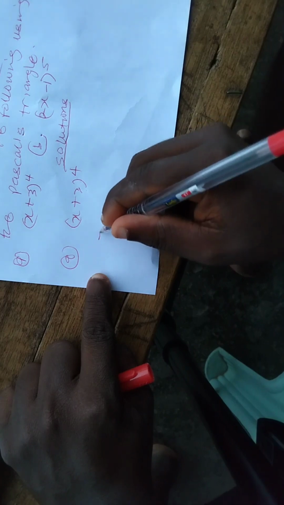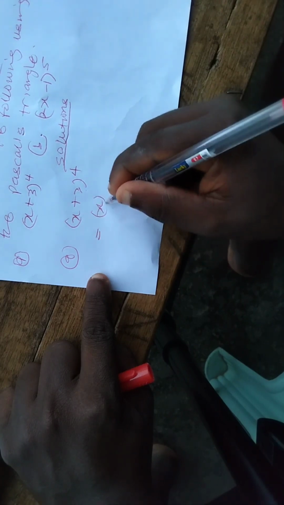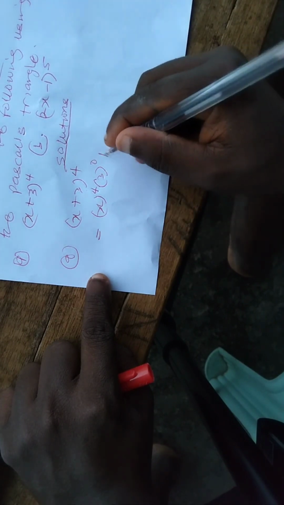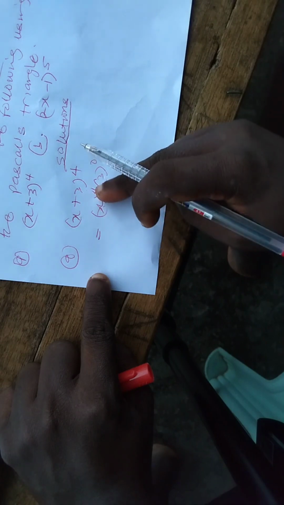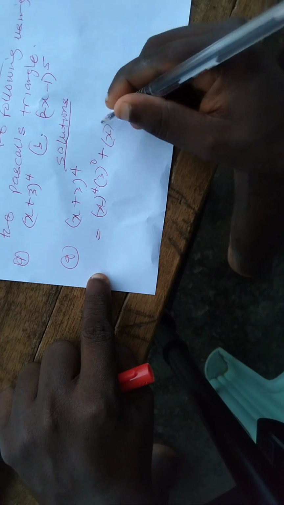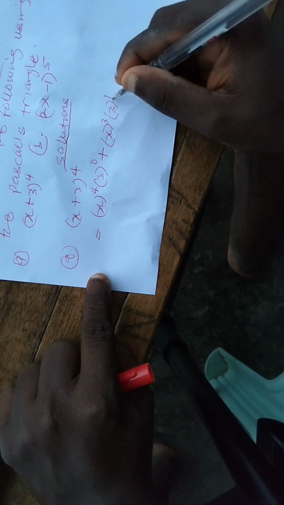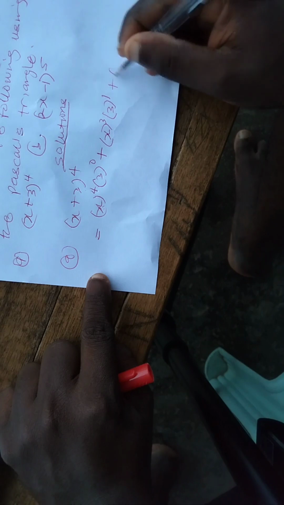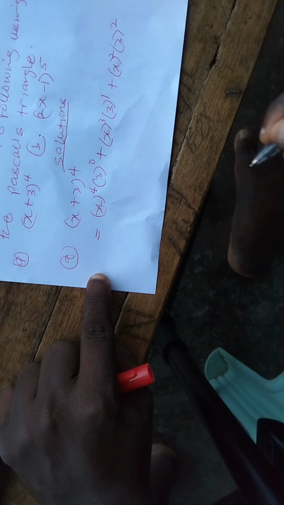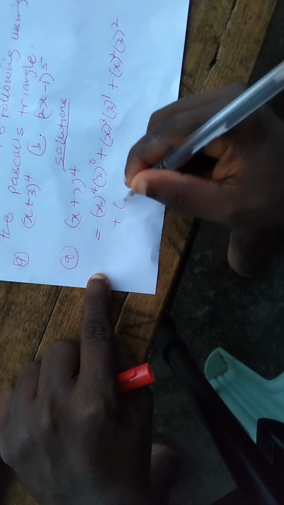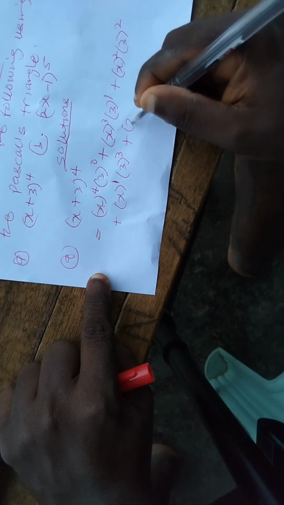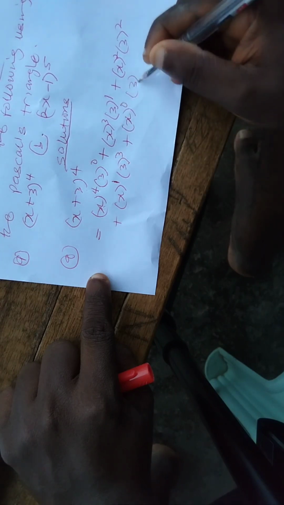So this is equal to x raised to power 4, 3 raised to power 0, plus x raised to power 3, 3 raised to power 1, plus x raised to power 2, 3 raised to power 2, plus x raised to power 1, 3 raised to power 3, plus x raised to power 0, 3 raised to power 4.